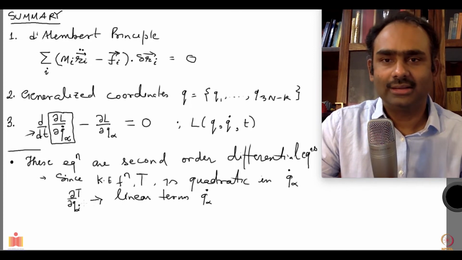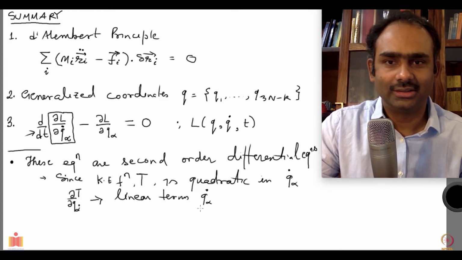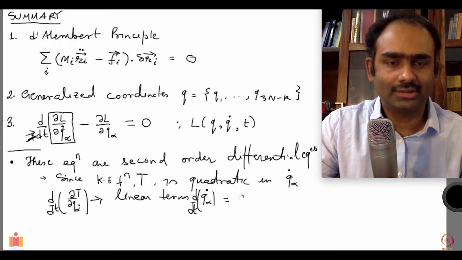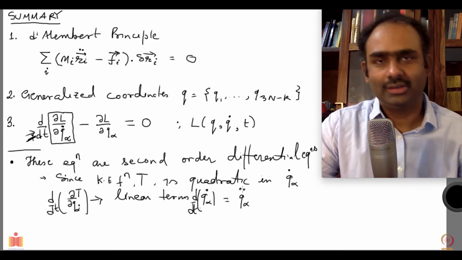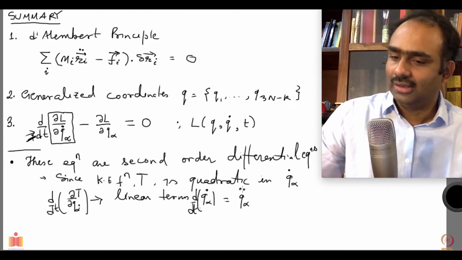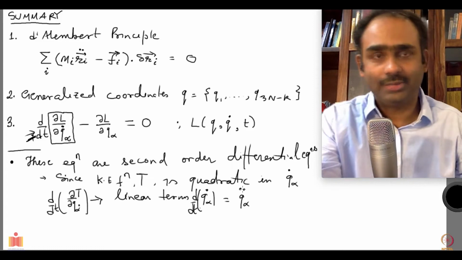And then when you take the d over dt of this, you will get q alpha double dot. So you see that your equations of motion are second order differential equations, which you already know that they should be.